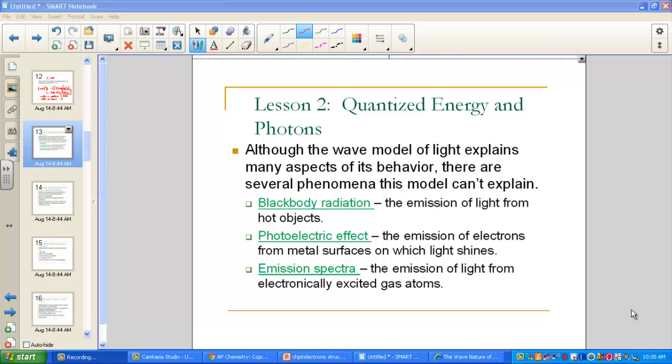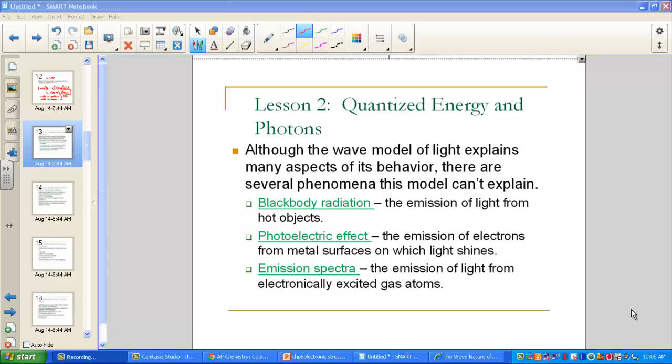This is known as the photoelectric effect, which Albert Einstein won his Nobel Prize for. And the final phenomenon is the emission of light from electronically excited gas atoms, known as emission spectra. Emission spectroscopy, sometimes you'll hear it called. In this lesson, we examine the first of the two and leave the third phenomenon for the next lesson.